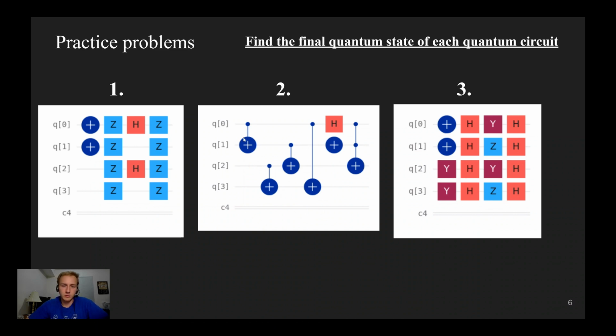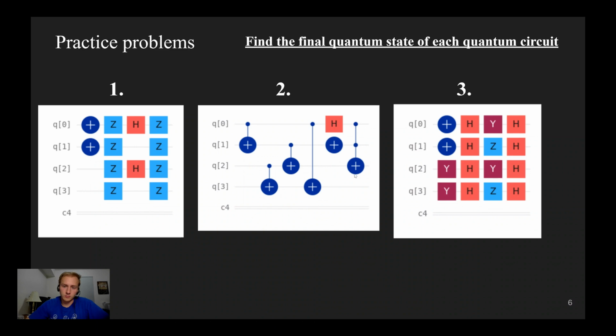And then in number 2, we have a lot of these CNOT gates, which, as you can see, is the same thing as this NOT gate, but it just has a control tied to it. And as a reminder, that's the control here and the target at the bottom.